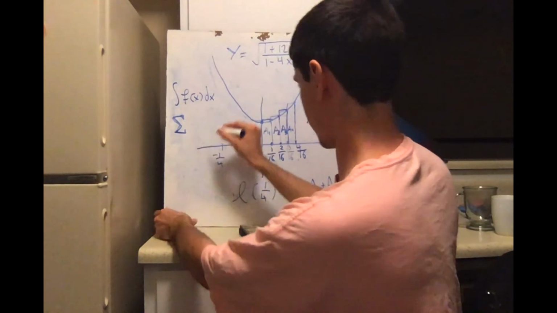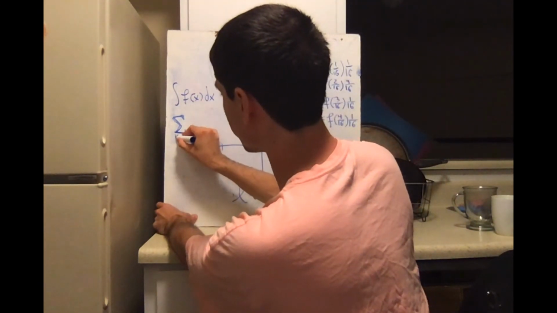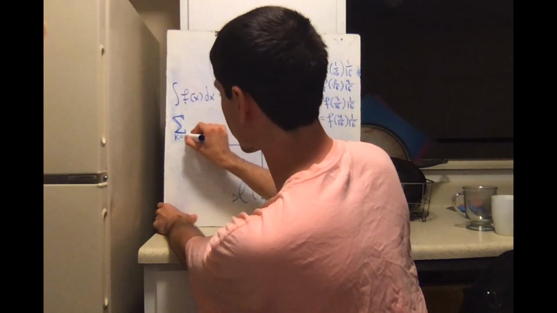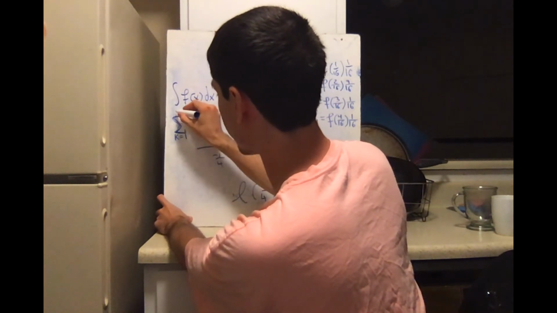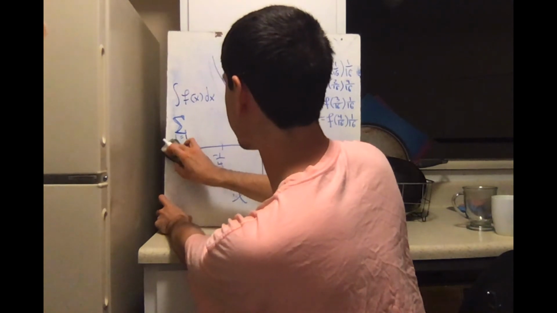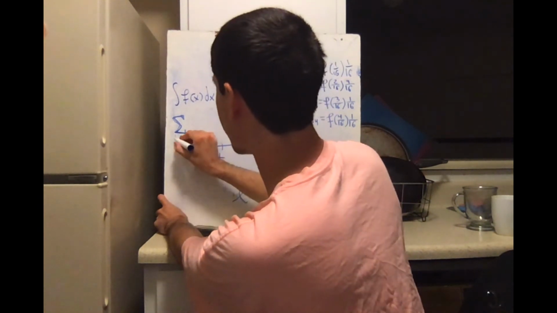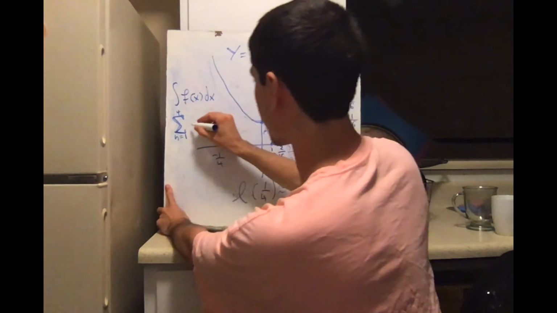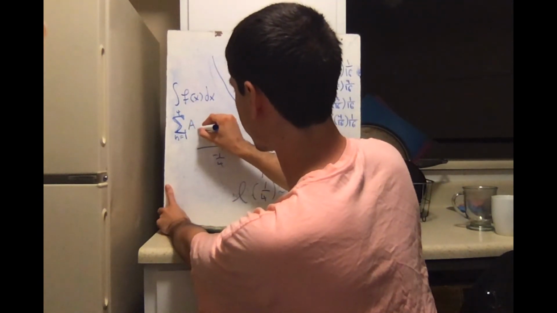So in the notation that's used, n equals 1 up to 4, say of a_n.